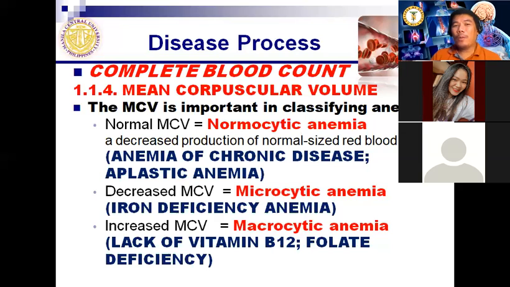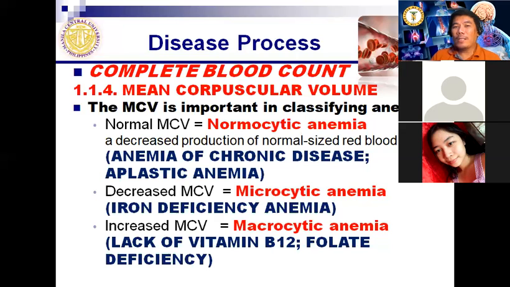Aplastic anemia is anemia with normal blood cell size but decreased production. There is a difficulty in the production of the RBC, so one of the concerns here may have a relationship with the bone marrow.